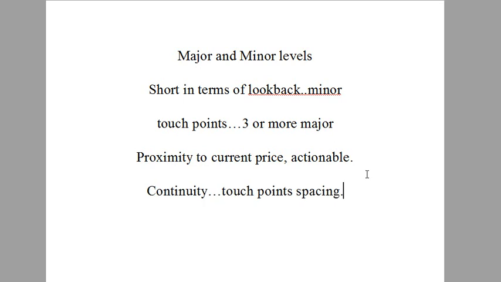You want to see a healthy, uniform space between the touch points, if at all possible, rather than all the touch points congregating in one area. That will make a big difference as well. You want to see them spread out rather than bam, bam, bam, 3 touch points and then nothing. That's part of that obviously subjective reading of what makes a major and minor trend line.